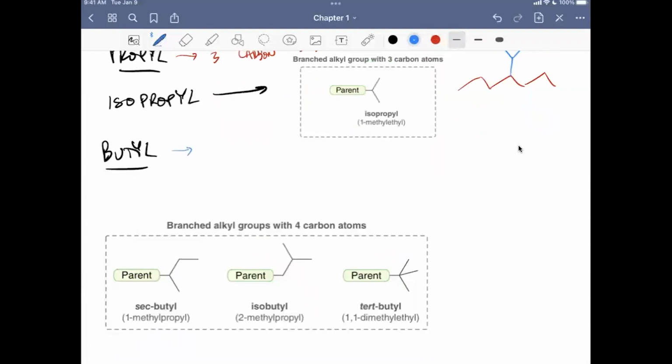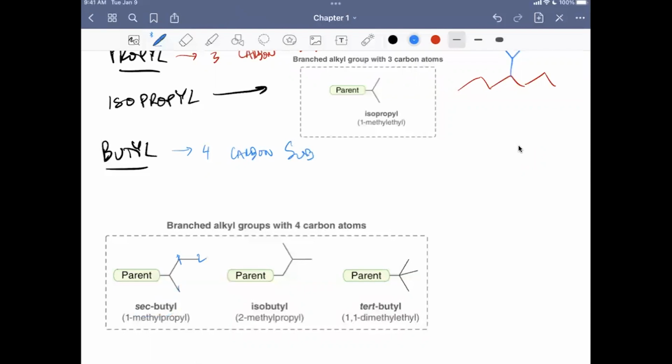And then butyl is a 4-carbon substituent. And there's 3 different types of butyl patterns, I guess you could say, or branches that you'll learn. You have sec-butyl, which is kind of just a 1 and then a 1, 2.